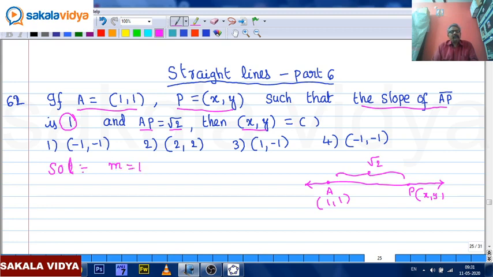Slope m is equal to 1. That means tan theta is equal to 1, so theta is equal to 45 degrees. This is the angle of inclination of the line.